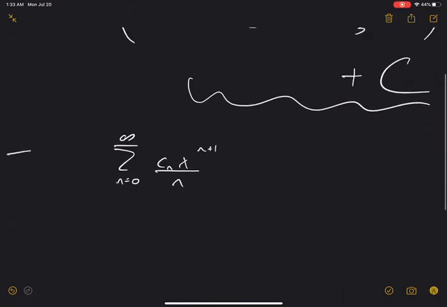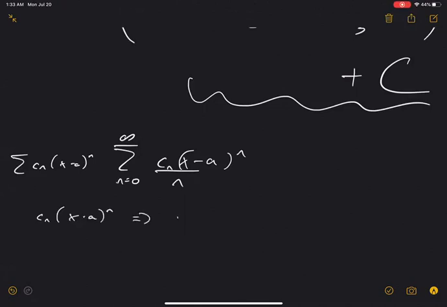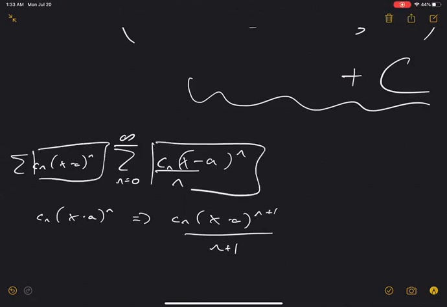If I'm starting with this series, c sub n x to the n, and actually this should be (x minus a) to the power n, so if I'm starting with the series c sub n (x minus a) to the n, just think about if I had this one term and I integrated it. It would become c sub n (x minus a) to the power n plus 1 over n plus 1. So if I have a bunch of those terms in a series, I end up with those.